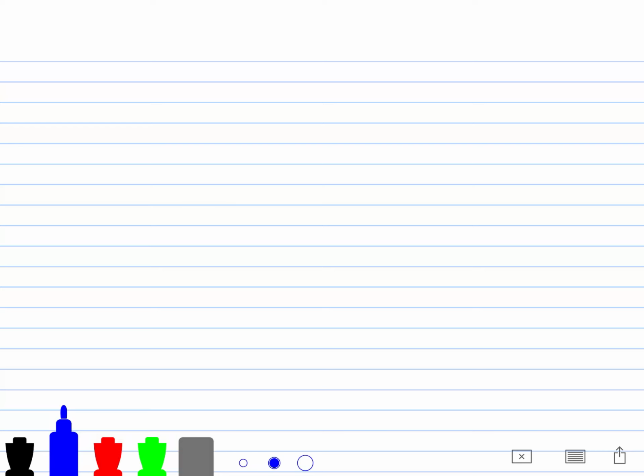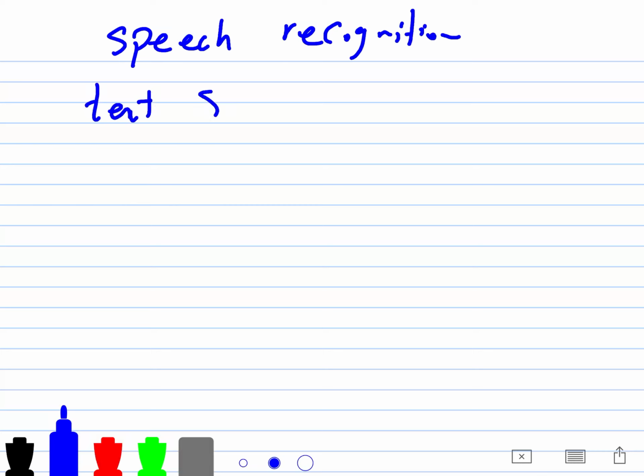And you can also use it for speech recognition. You can use it for text summarization. For example, today I talked about translation from German to English. You can translate from any language to any other language.